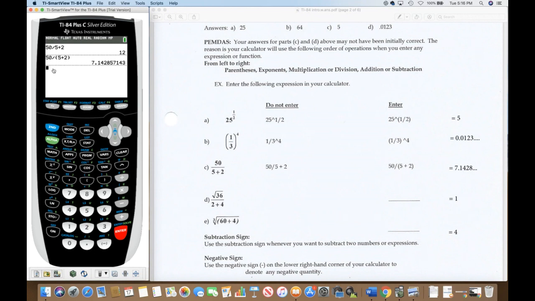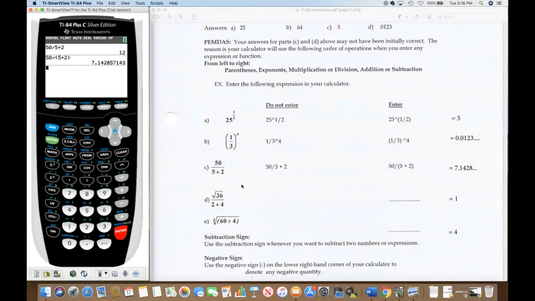What happened? Well, the TI-84 saw parentheses around the 5 plus 2. Since parentheses are higher in order of operations than division, the TI-84 simplified the 5 plus 2, made it a 7, and then divided 50 by 7, which gives us 7.14.